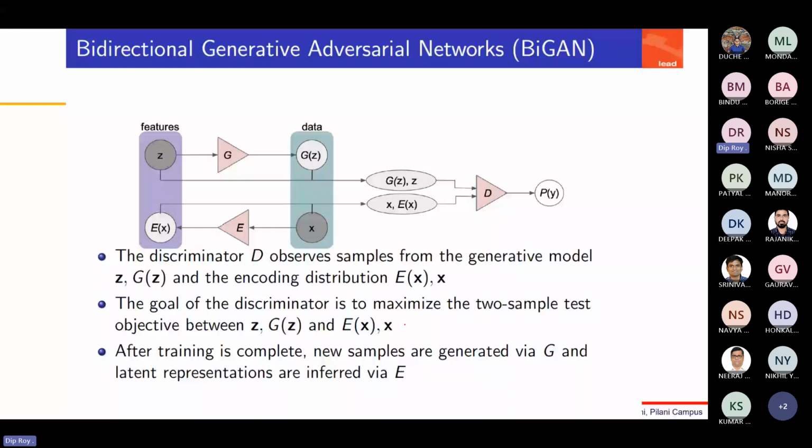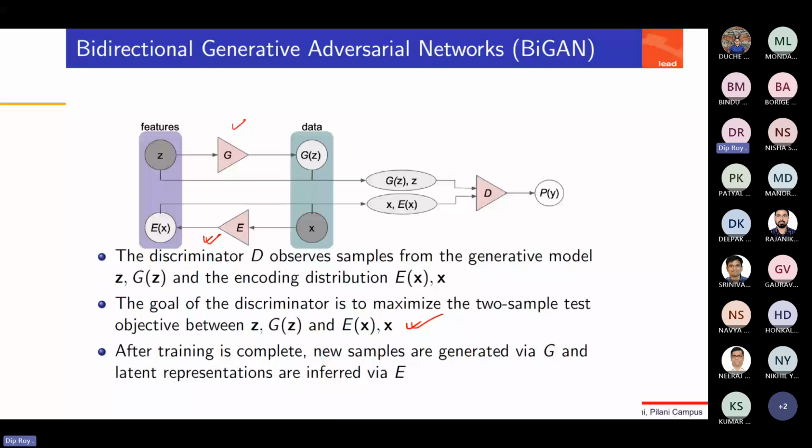After the training is complete, new samples are generated via G and the latent representations are inferred via E. And this is how you train your BiGAN and get access to the latent variables.